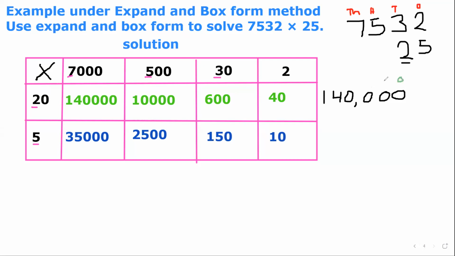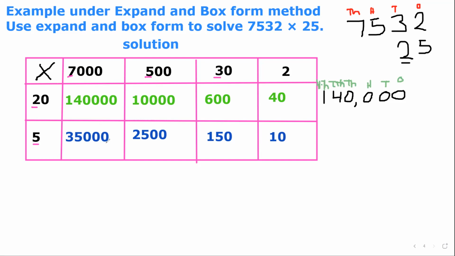Here are the ones, tens, hundreds, then thousands, tens of thousands, hundreds of thousands. Okay, then after writing the 140,000, you record the number that descends to the 140,000, the number that is below 140,000.